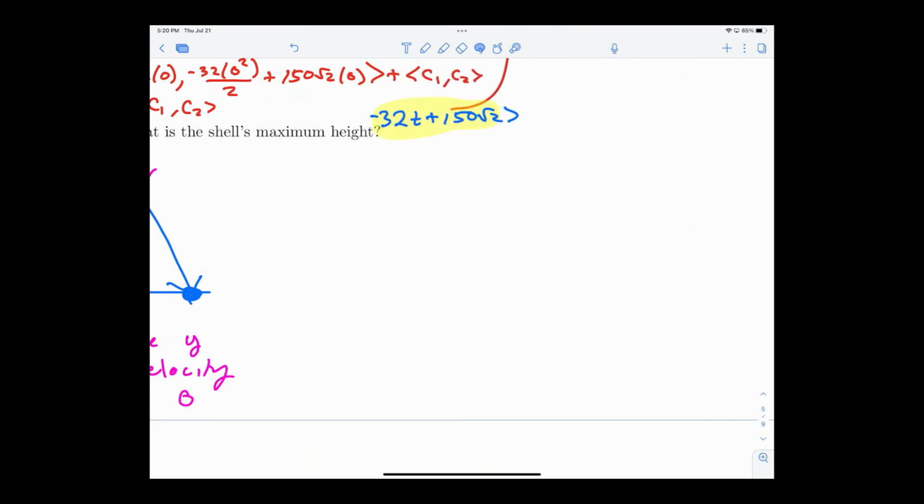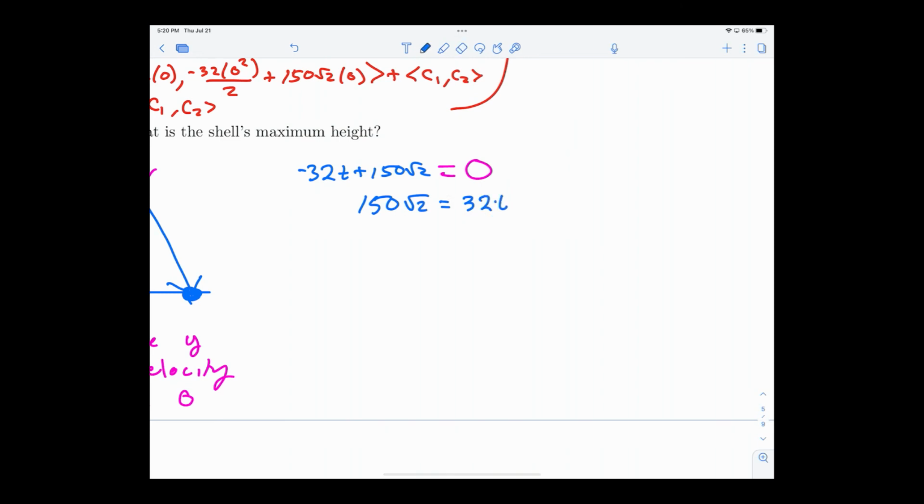I'm just going to duplicate it and set this equal to 0. And we solve that. So we have 150 square root 2 equals 32 t, and then divide by 32. T is 150 square root 2 over 32.